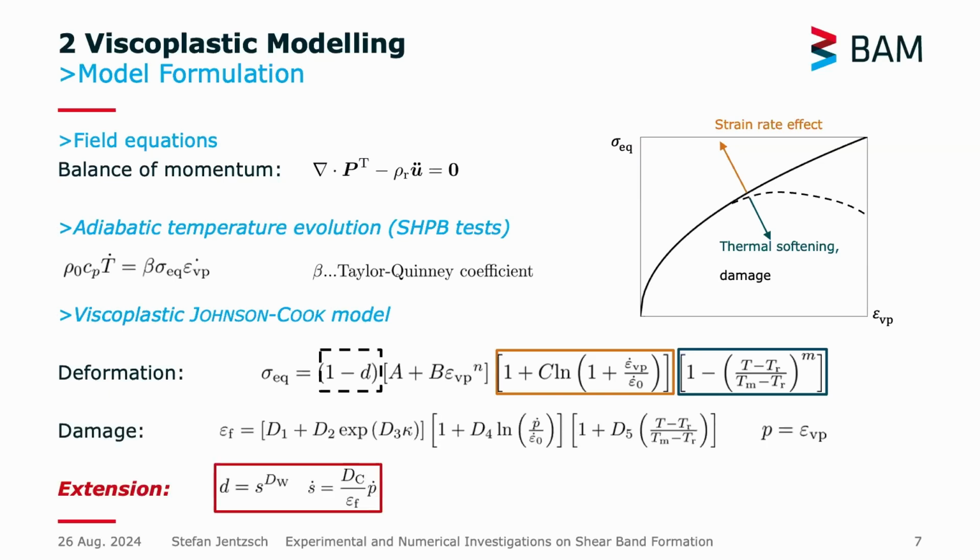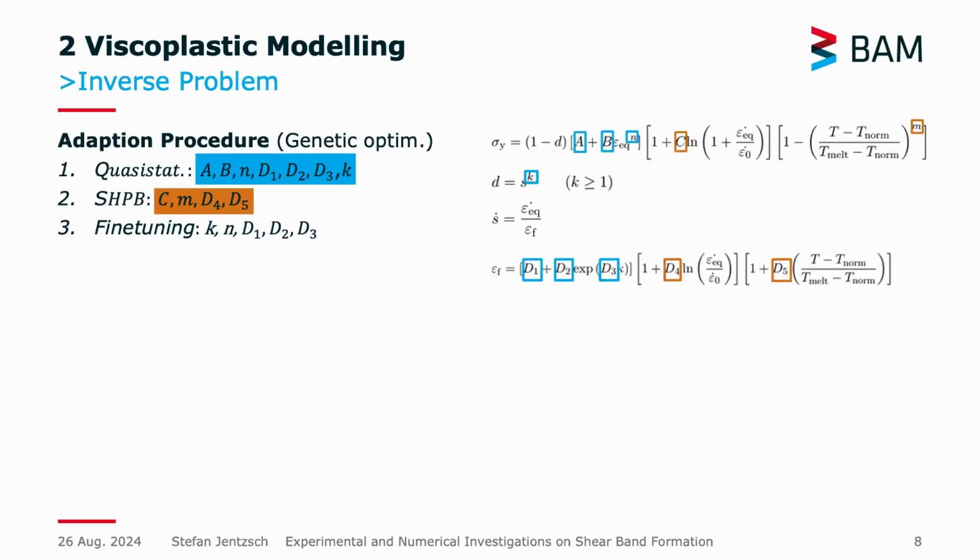The damage is driven by the viscoplastic strain. In this damage law, triaxiality plays a role, also rate effects and temperature effects. For the damage evolution, we use a more sophisticated approach than standard approaches, which is shown below.